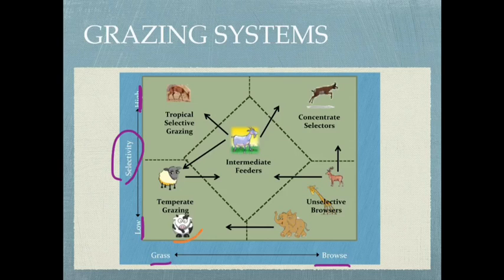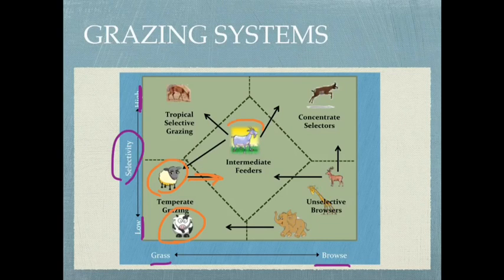A cow is going to graze predominantly grass, and a cow really is not a particular eater. They have low selectivity. They will go out and gather that material. As we move into some of our other farm animals, we notice that sheep are a little bit higher on that selectivity. They're a little more particular, and they can actually handle a little bit wider variety of grass moving into browse than cattle can.